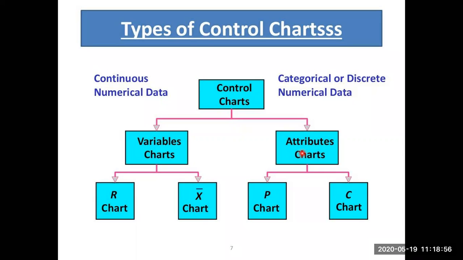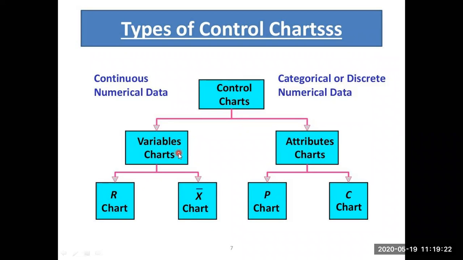That means pass or fail, good or bad. What cannot be measured comes under the attribute chart. In general, remember that attribute chart means defective.